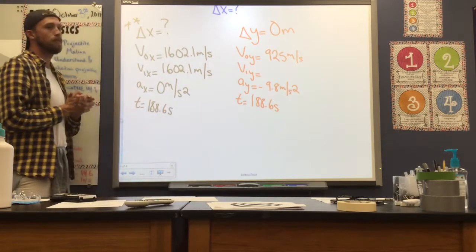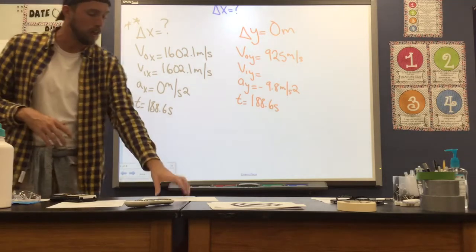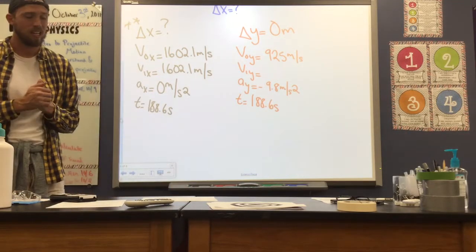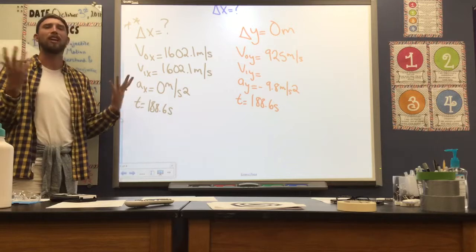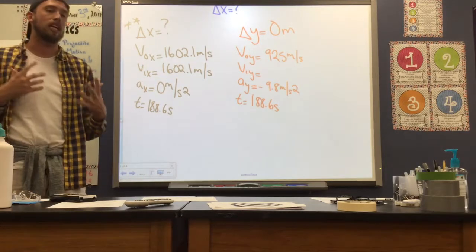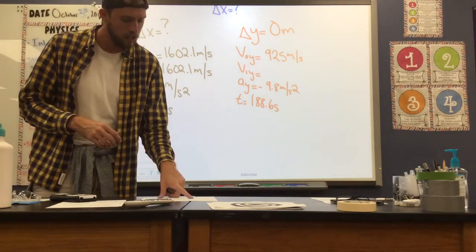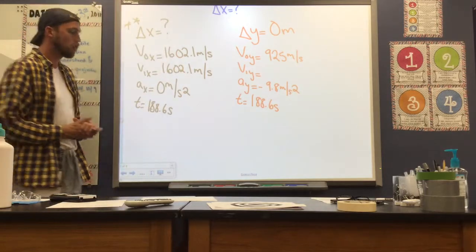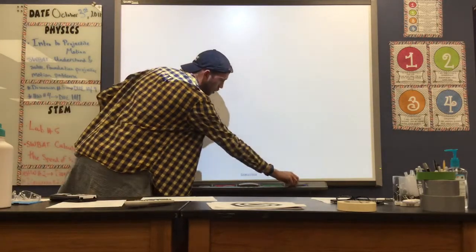Now at this point, since we have all 4 variables, if I look at my kinematic equation sheet, it might look like I can solve for any of them. The best one here, if we're trying to find range, is to use equation number 2. So I'm going to write that out. Equation 2 looks like this.